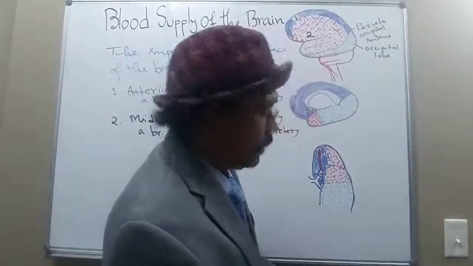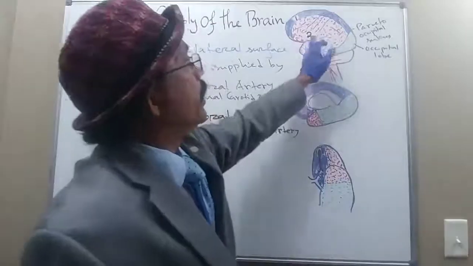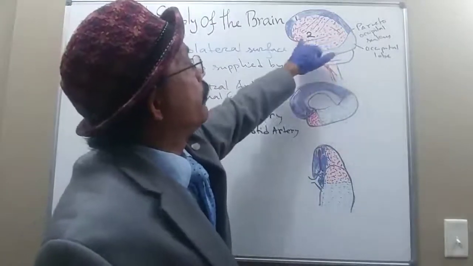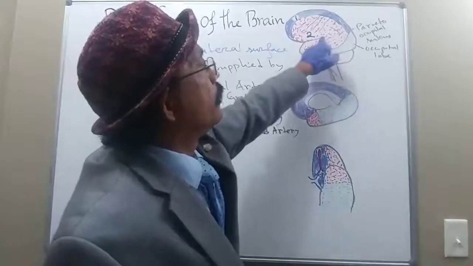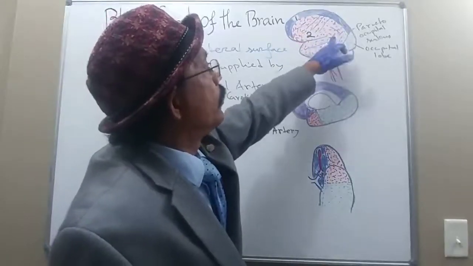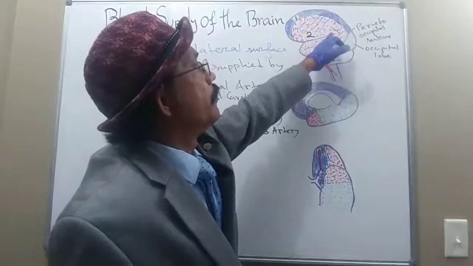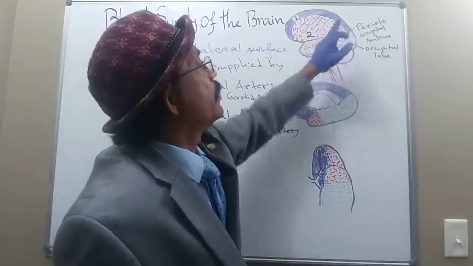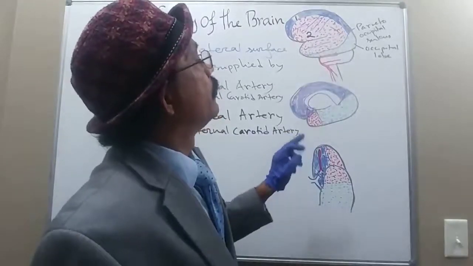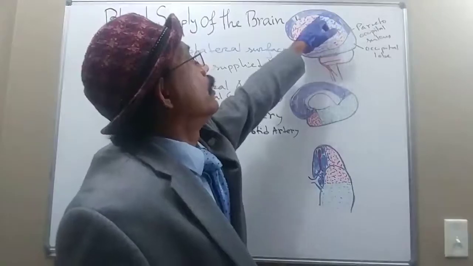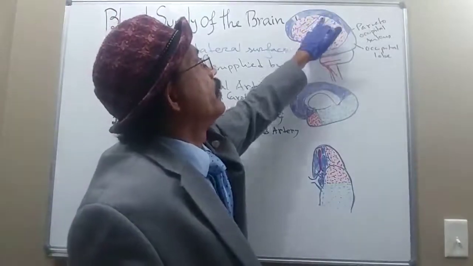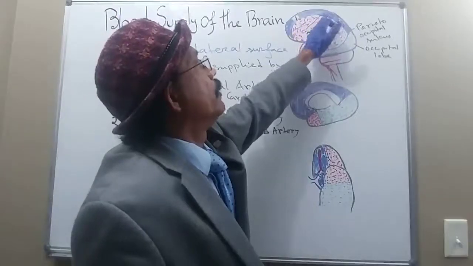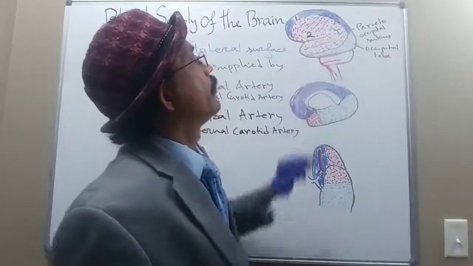It includes many areas, like the motor speech area of Broca, the auditory area, and the Wernicke speech area here. It also includes the lower part of the precentral gyrus and the lower part of the postcentral gyrus.